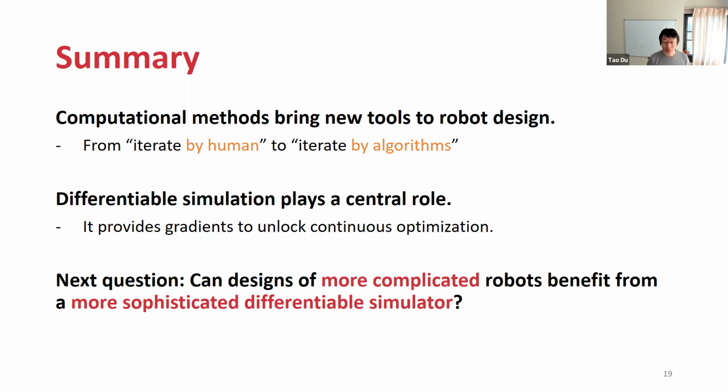So the next question we asked ourselves after finishing this project is that, given that we were only using a simplified rigid body simulator to guide the design process of a rigid body robot, if we were able to propose more sophisticated differentiable simulators for more intricate physics phenomena like fluids or soft bodies or their couplings, is there any possibility to help the design process of more complicated robots as well?